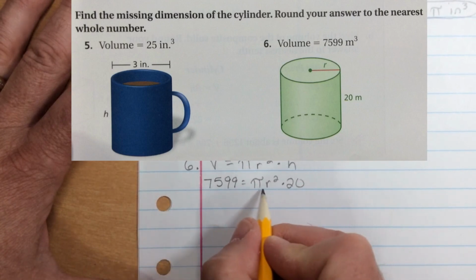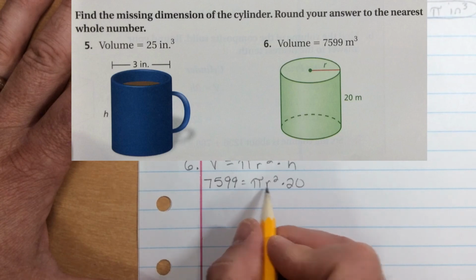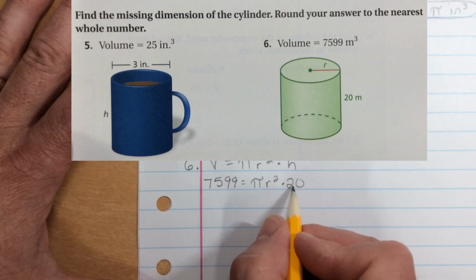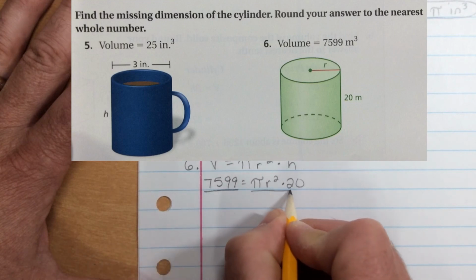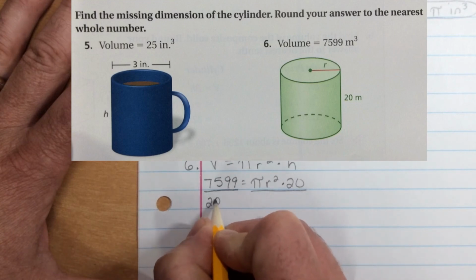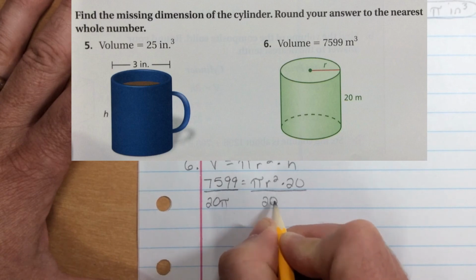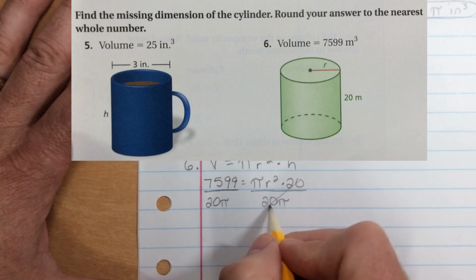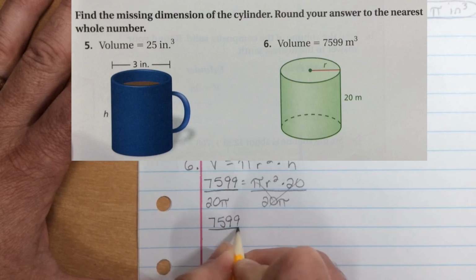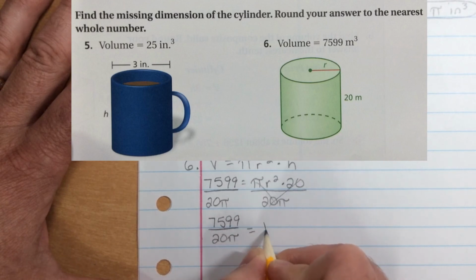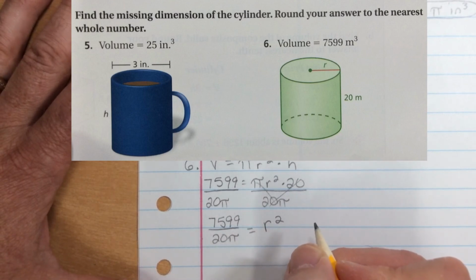So we're going to divide by 20 pi to get rid of 20 pi there. And that's going to leave us with 7,599 over 20 pi equals r squared.